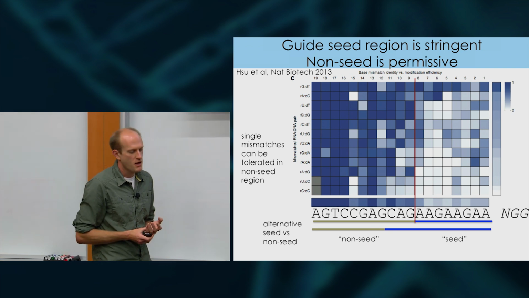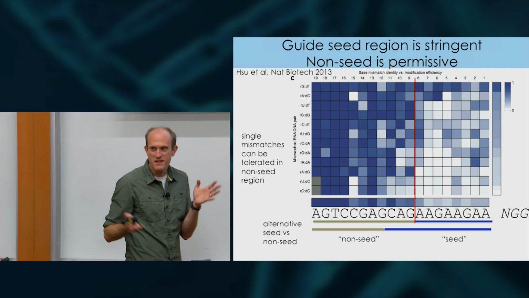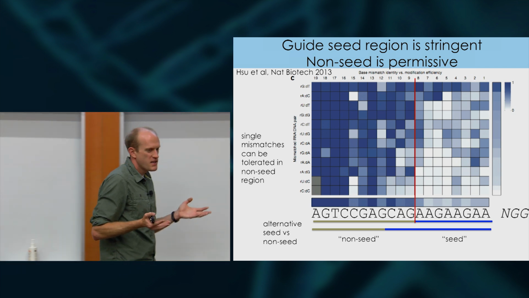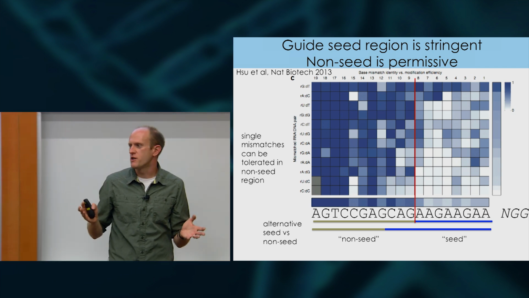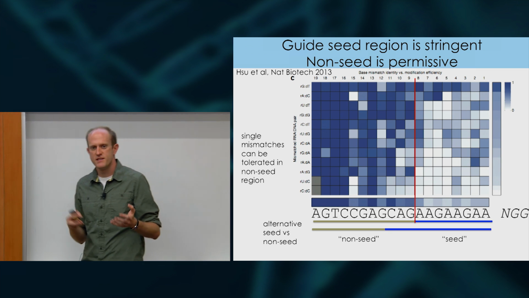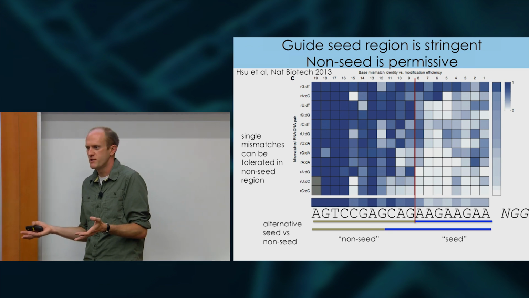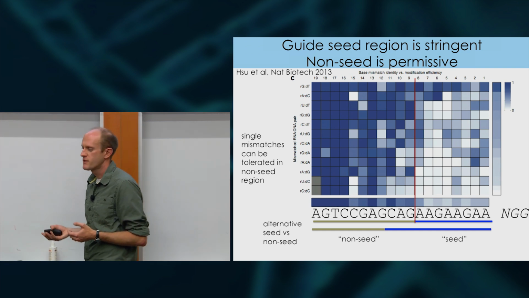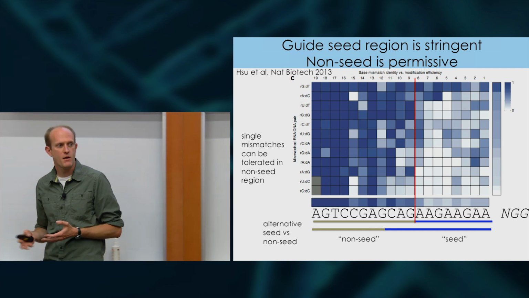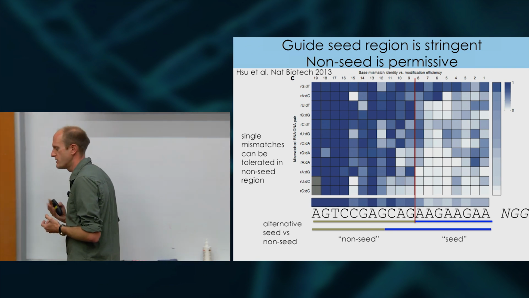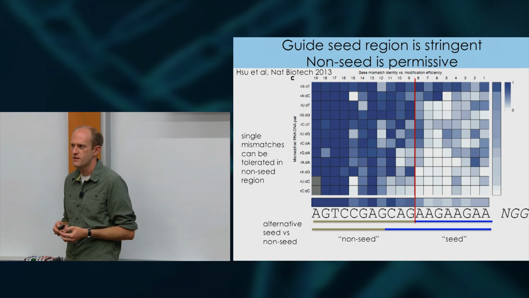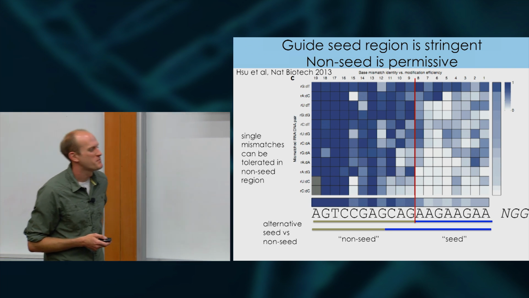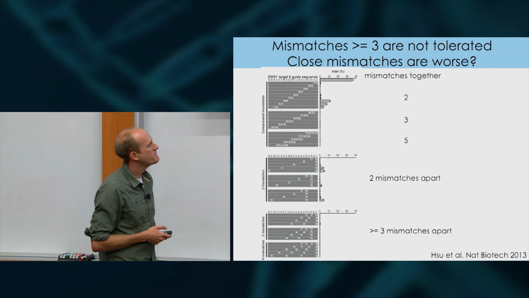Or, as a reviewer, if there are any people reviewing papers in the audience, if someone shows that a guide has off targets, that's not something where you say, oh, this is junk, right? Reject out of hand, right? Of course, they want to be doing controls, things like that. The point of off targets is not that they're off targets. The point of off targets is that we need to know that they exist, and we need to know how to do the right controls to think about them. So that was a little bit of an aside about off targets, but it's something that I feel strongly about.